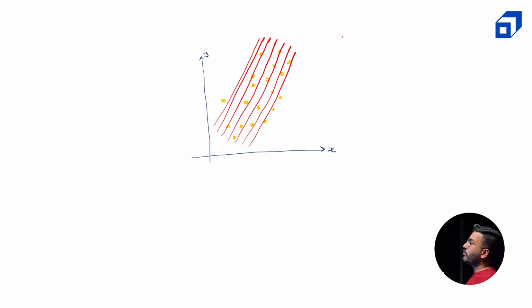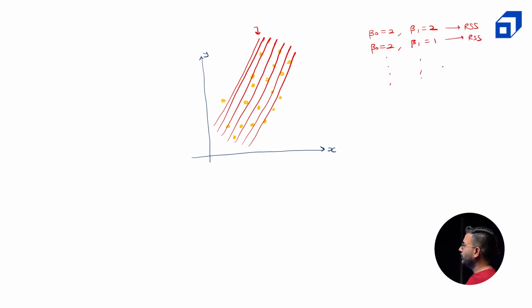So if you go about using the hit and trial approach, let's say we started with a particular line. We started checking out the RSS value for this line, and this line is given as, let's say, beta naught equal to 2 and beta 1 equal to 2. Then we will compute RSS. Then we will have beta naught equal to 2 and beta 1 equal to 1, and we will compute RSS.